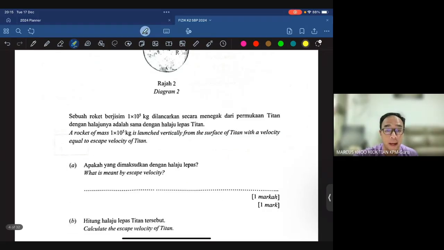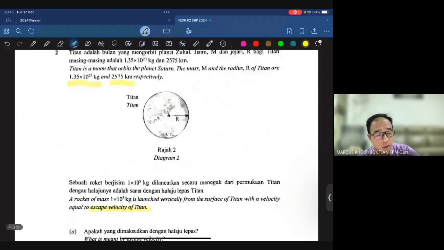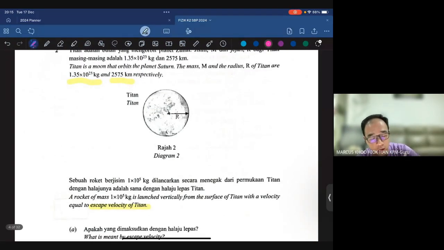A rocket of mass 1 times 10 to the power of 5 kilograms is launched vertically with a velocity equal to the escape velocity of Titan. Just imagine you have this rocket over here, released with a velocity equal to the escape velocity.